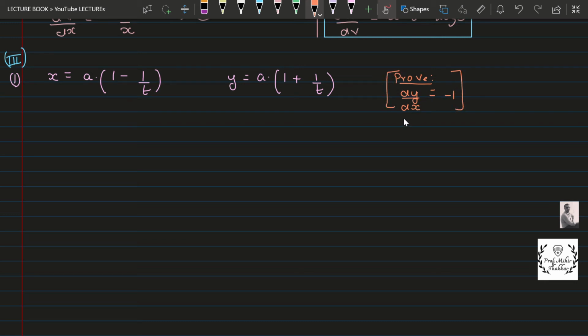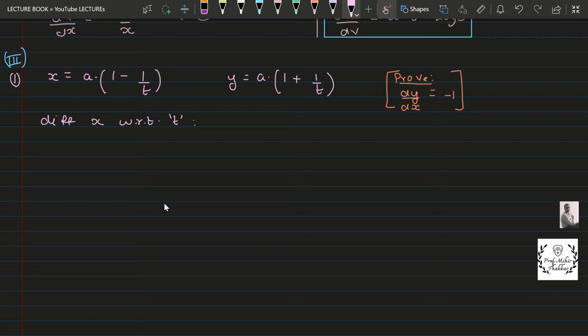So when we want to prove this, let us start with differentiating x with respect to t, because x is expressed in terms of t. Here there are two letters a and t, but we observe that a is just multiplied outside, but the function is actually in terms of t. So you have to be careful to differentiate with respect to t and not with respect to x.